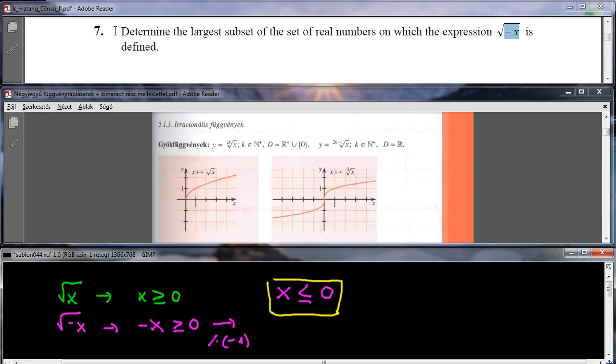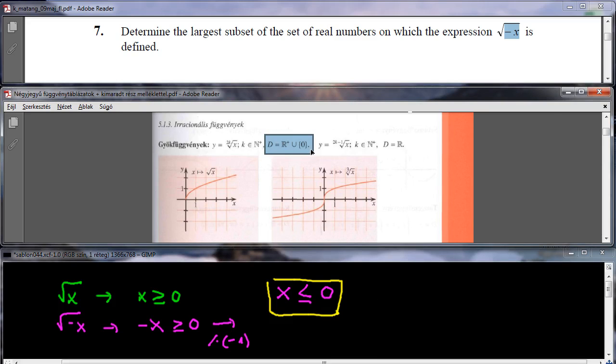And then it says determine the largest subset of the set of real numbers. So we know that x can be any real number except for the positive numbers. Here, if you have the normal square root function, you have the positive real numbers.